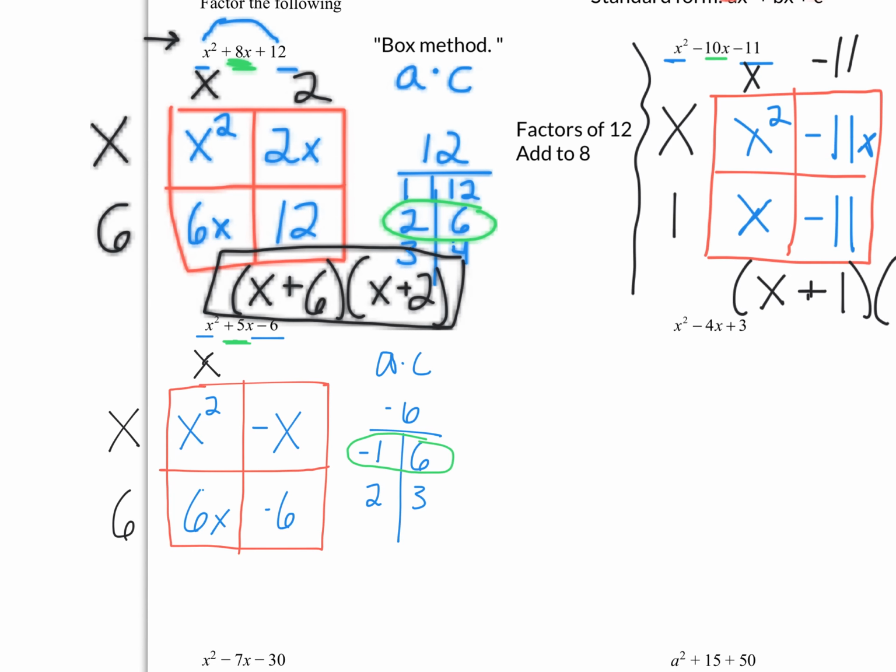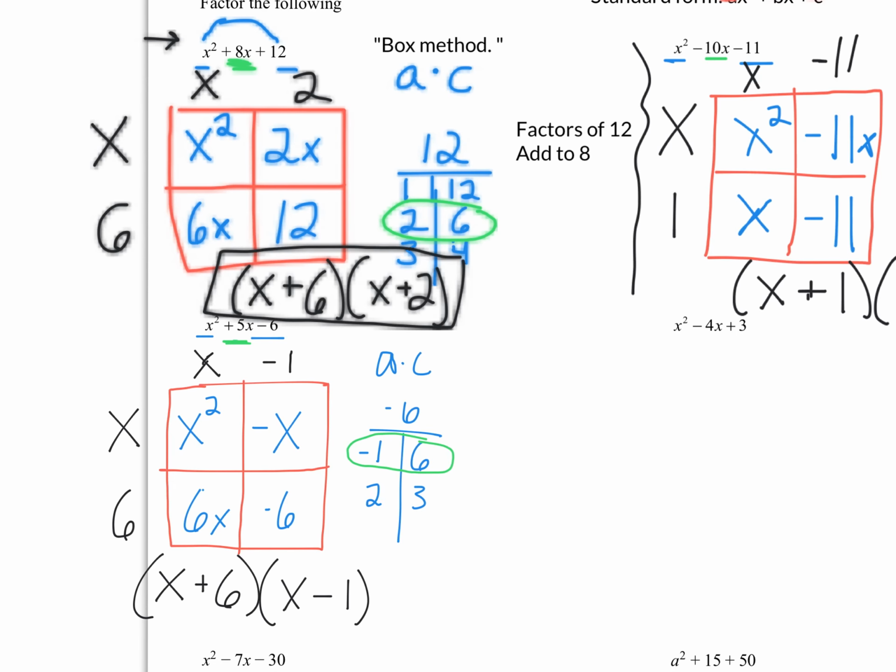Second column, let's take out a -1. They both have a negative. And we talked about this before. When the first term has a negative, you always want to pull out a -1 there, at least. So we have our factors, x plus 6, and then x minus 1. And there we go.